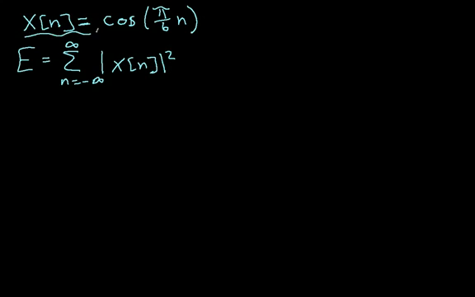Now the x of n we have here is entirely real. There's no imaginary part. So all we have to do is take x of n and square it. So each term here will end up looking like cosine pi over 6n, and the whole thing squared. Now, to make this easier to evaluate, we're going to use the following trig identity.